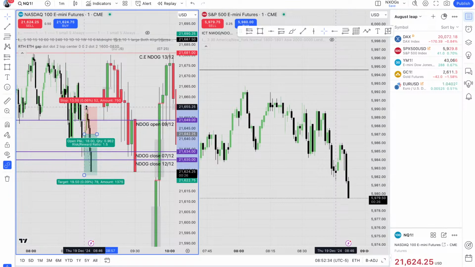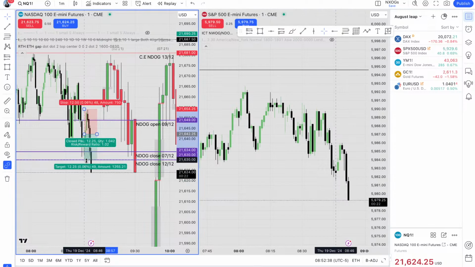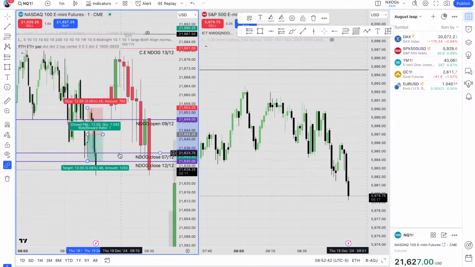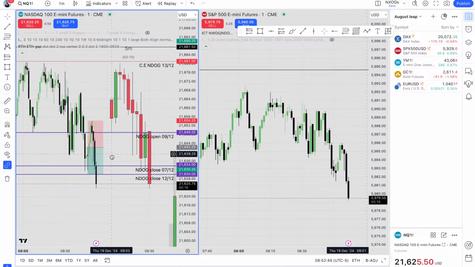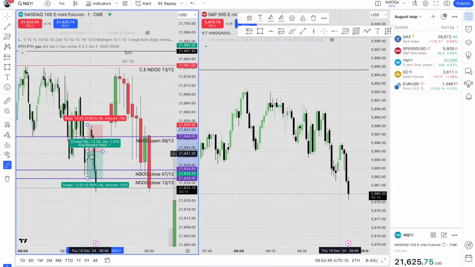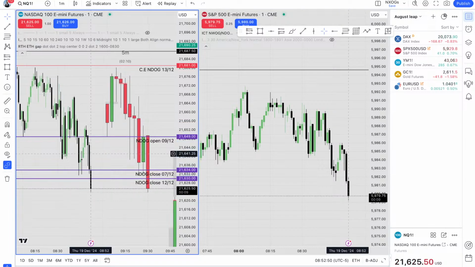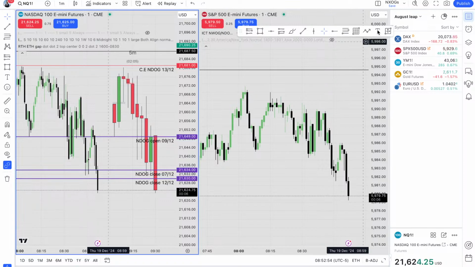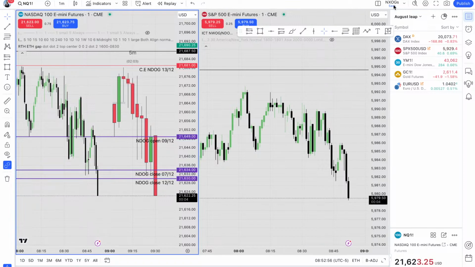I changed it here. So it's 12 points. Not bad. I can keep still looking. We're still in the micro. So let's see what the price is going to give us.